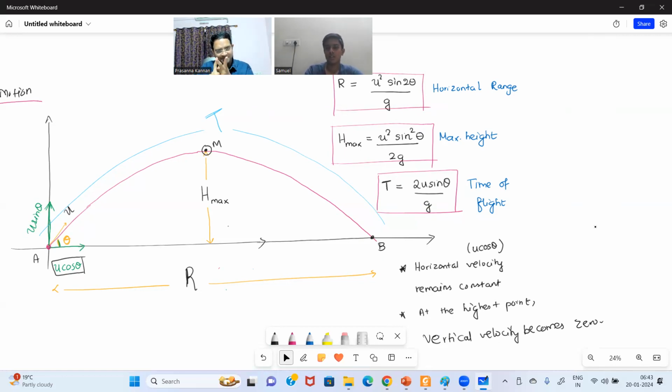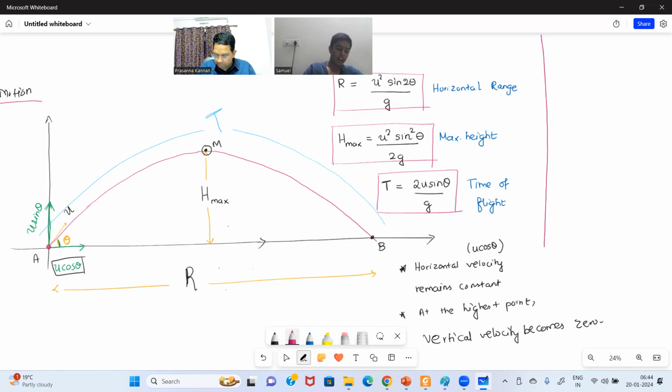Horizontal remains constant. So even at the topmost point, horizontal velocity is still there. That's why it is not simply dropping off. So vertical velocity is 0. That's why it's not climbing up further. Got it? Okay. That's an important point.